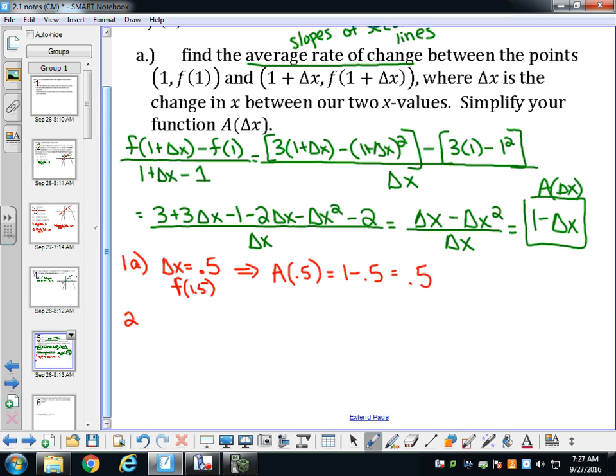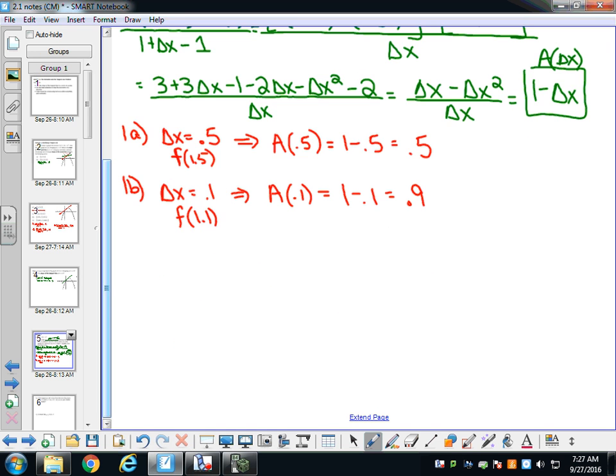If I go back to 1b, this time I let my delta x be 0.1, because remember I wanted to find f of 1.1, so that's only 0.1 units away. If I plug that in, I get a of 0.1, which is 1 minus 0.1, which is 0.9, which was the slope of that secant line.